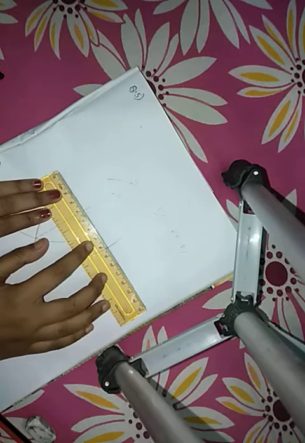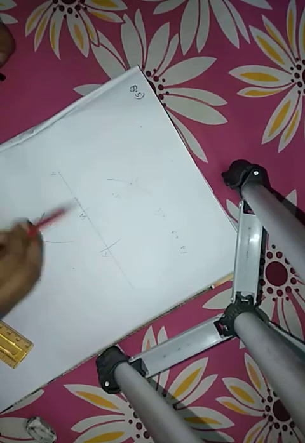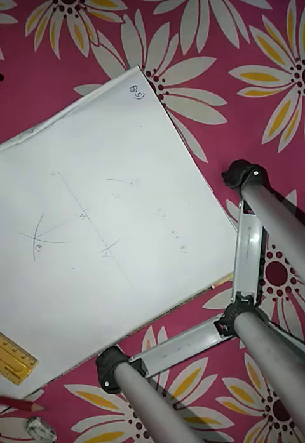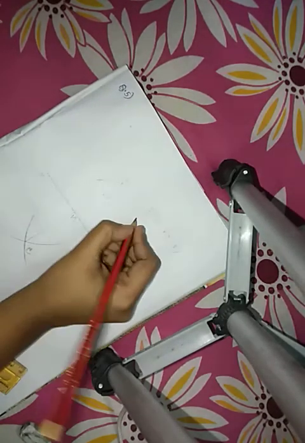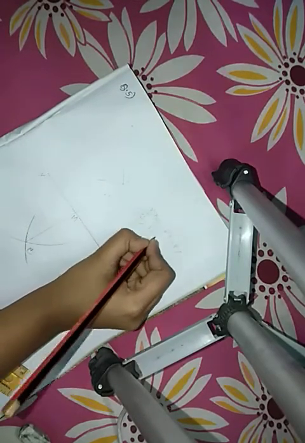This is almost 4.1 centimeter. So MX and MY are the same. That is the answer of the next question. So we will write in question number 5, Roman 2, that MX equals MY.